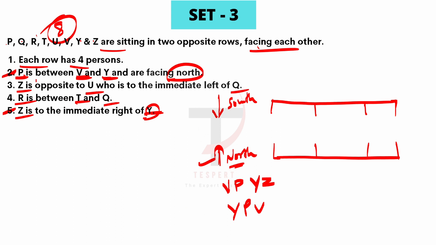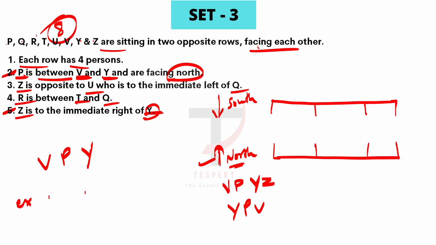Here you have to understand the difference between between and exactly between. Here P is between V and Y. This is very important. Please listen here carefully. P is between V and Y. So this is the meaning of the second statement. But what is the meaning of exactly between?